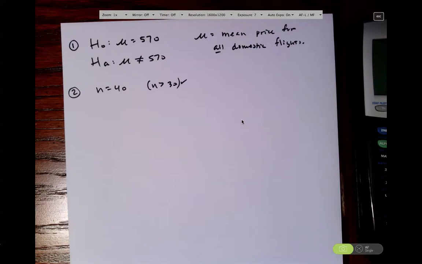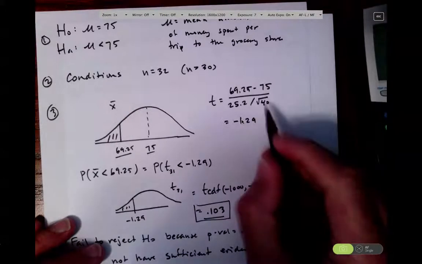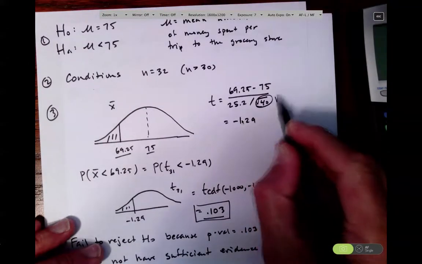I'm just looking back on that previous problem. N was actually 32 in that last problem, and I think I wrote down 40, but my calculations ended up coming out with 32 in that denominator instead. So go back and check that. Let me show you where the error is. My error was here. This was just a typo. That should say square root of 32.